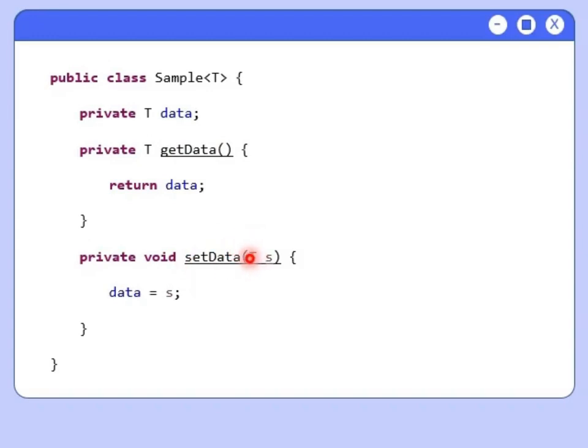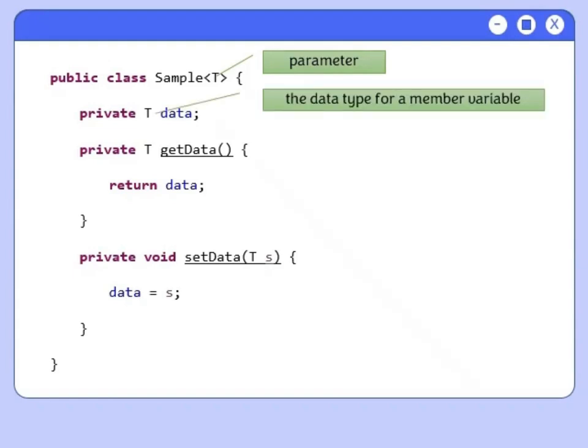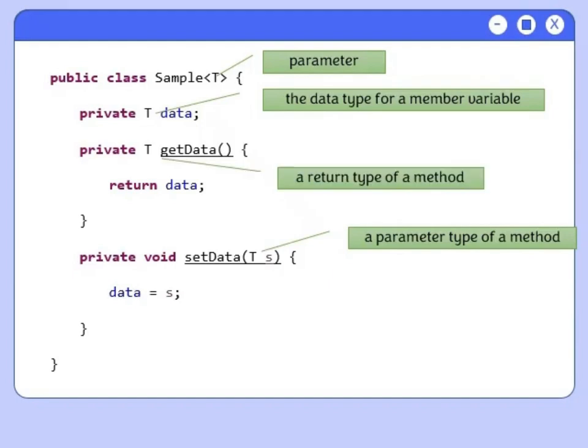So you can use it in a variety of ways like this. In this way, the parameter becomes T. Next, T can be used as the type for member variables, as the parameter type for methods, and also as the return type.